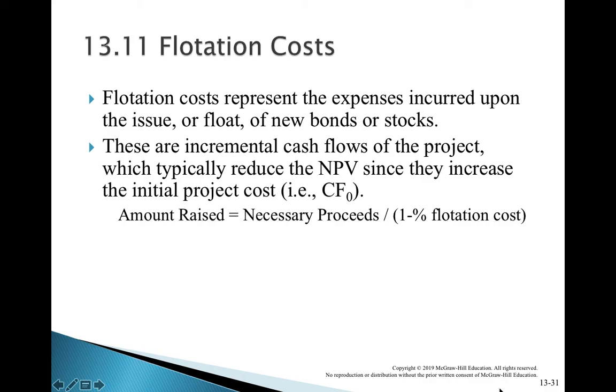Net amount raised is equal to 100 million, the face value, plus 10 million you issued at premium, which is 110 million. That is the amount you got in your bank, divided by 1 minus flotation cost. Your flotation cost is 12%, so 1 minus 12% is equal to 88%.